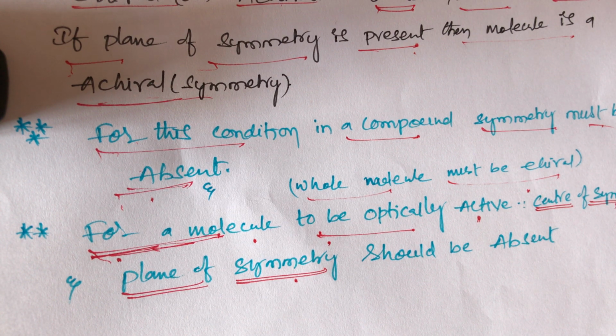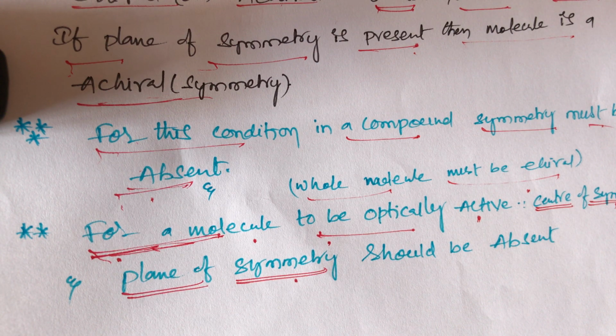It is a very simple trick, students, to identify, when more than one chiral center is there, whether the compound will show optical isomerism or not. How to identify?